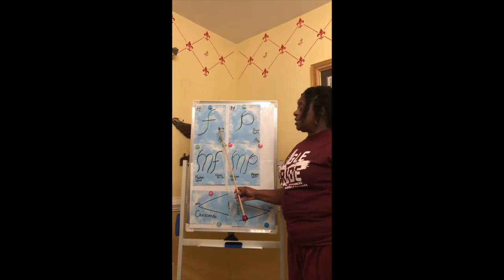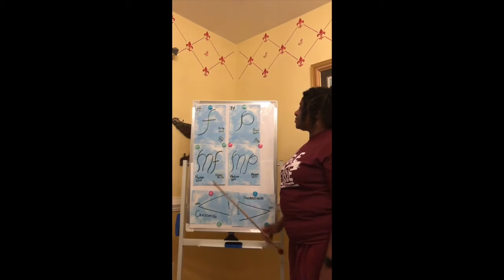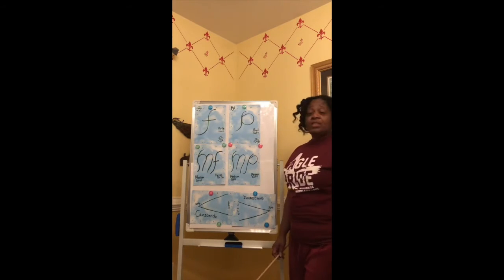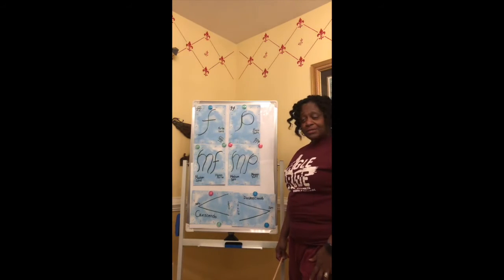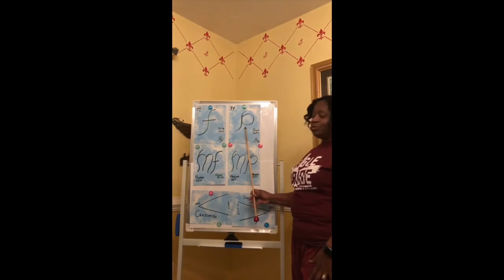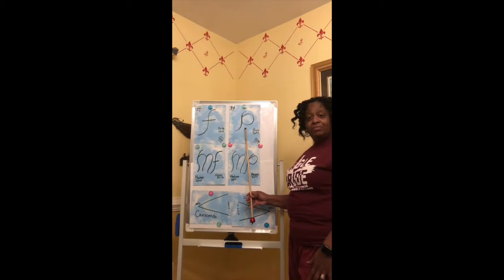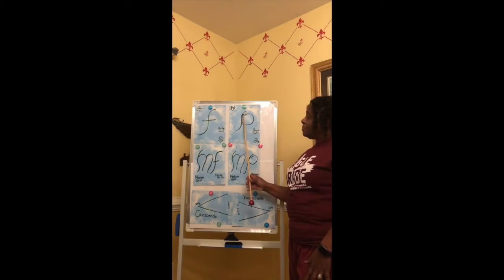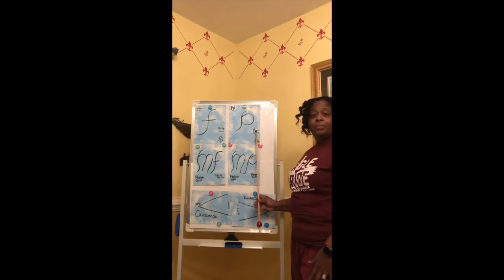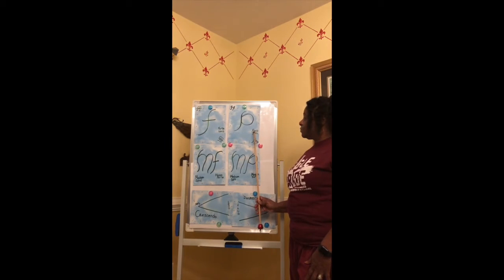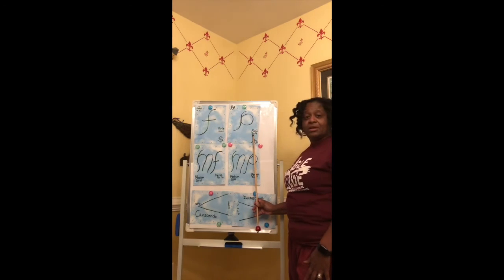And forte means loud. When they want it to be soft, then they're going to show you this fancy P. And the P is also Italian, and it stands for piano, which in Italian means soft.